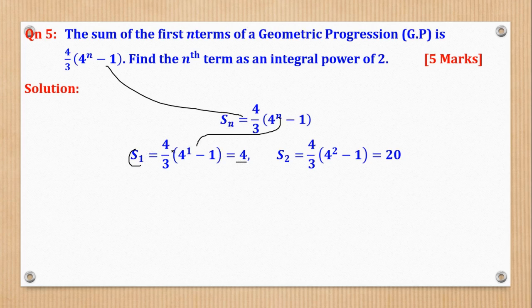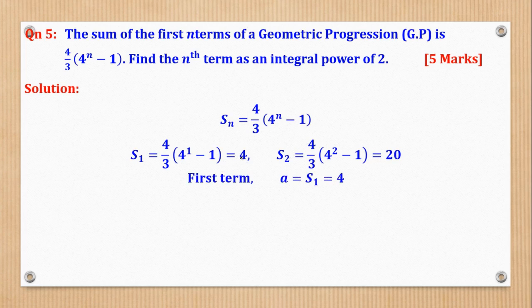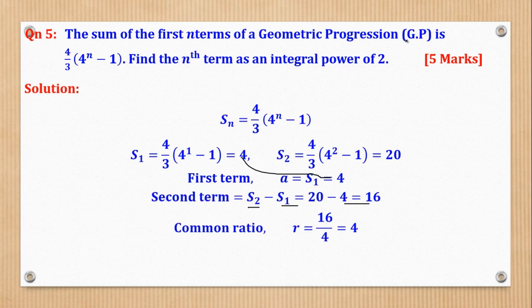For the sum of the first two terms, where there is n, put 2 to give you 20. So that means the first term is this, and the second term is found by subtraction, s2 minus s1, to give you 16. Then because it's a GP, there is a common ratio, so divide the second term by the first term to give you the common ratio.